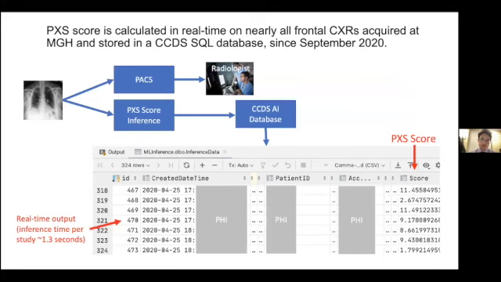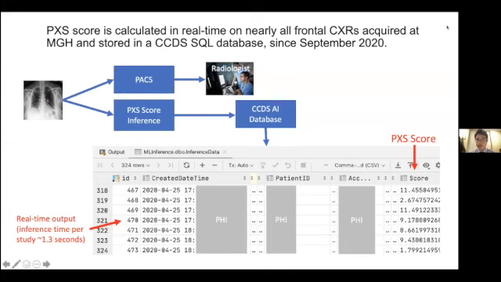So once we had figured that out, which really actually took a couple of months, every chest X-ray DICOM that was obtained at MGH, at our hospital, of which there are thousands every month, gets sent to the PACS, for which the radiologist will interpret the imaging study, but the DICOM is also sent to an AI model hosted at CCDS, and the output is then sent to a SQL database, and this happens essentially in real time.